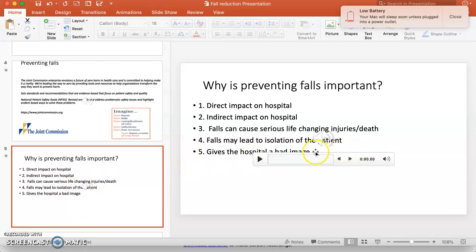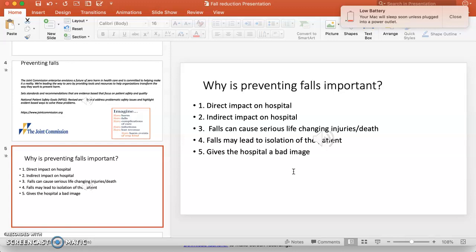Falls can cause serious life-changing injuries or death. Falls lead to isolation. Patients may not want to leave their home anymore because they lose their confidence, and so they just isolate themselves in the home. It also gives the hospital a bad image.